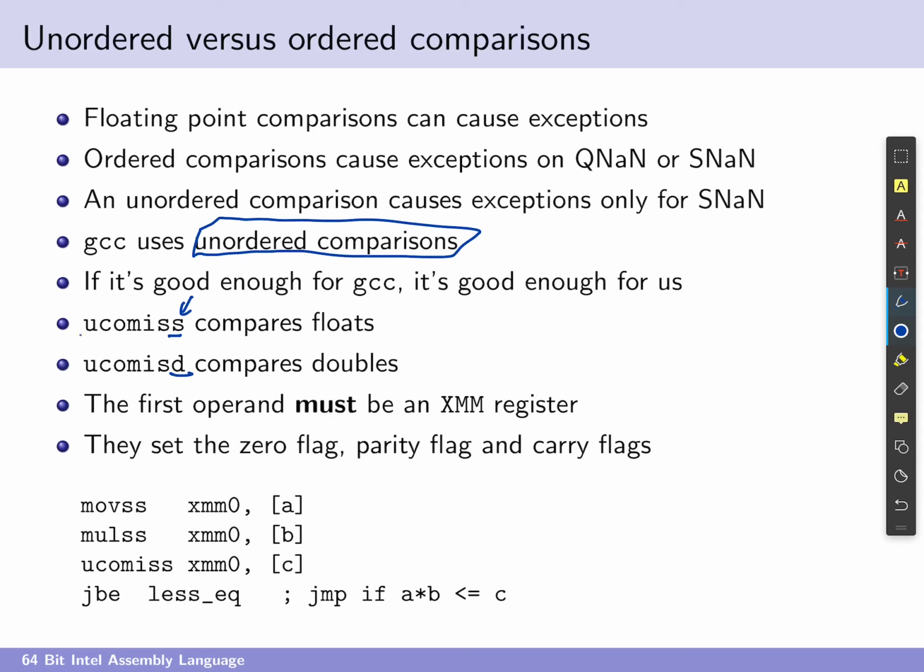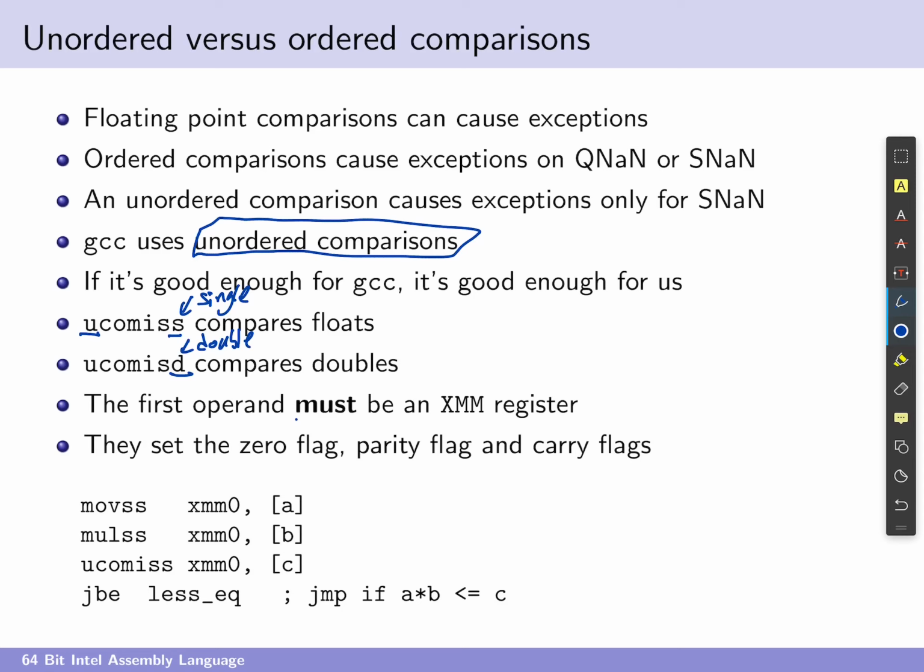And you'll see here we have this U in front to indicate an unordered comparison. Okay, so we have an unordered comparison of singles if we're comparing two 32-bit floats, or it's an unordered comparison of doubles if I'm comparing two 64-bit floats.